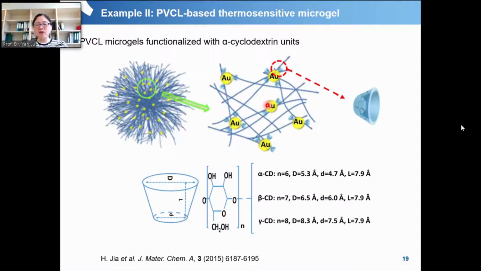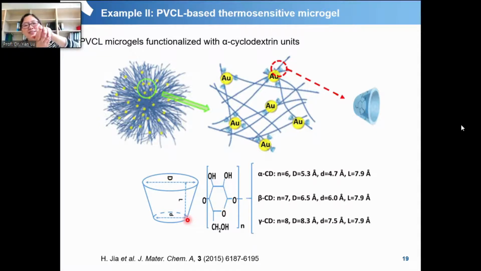What you can do more on such a microgel system is functionalize your polyvinyl caprolactam. So here, using cyclodextrin, CD molecules. CD molecules have such a structure, like a special hole.